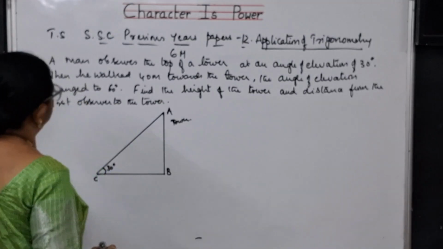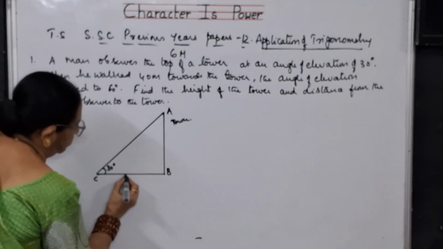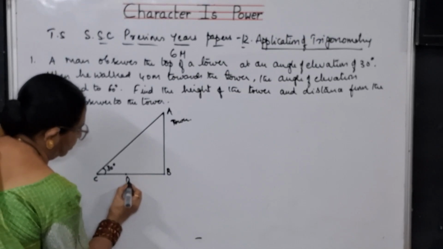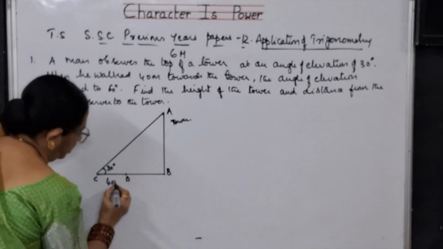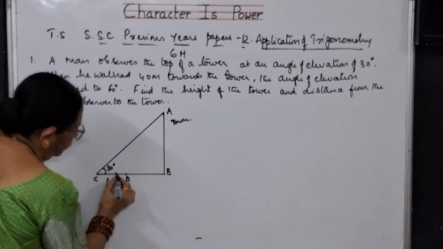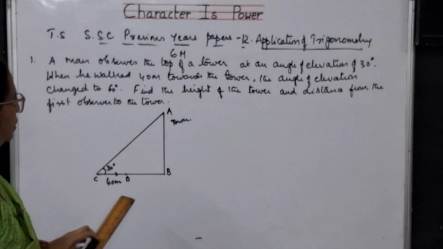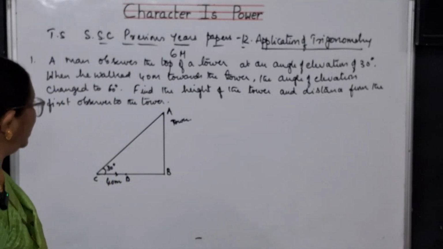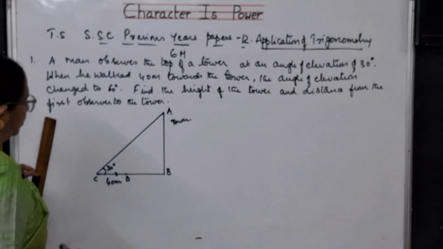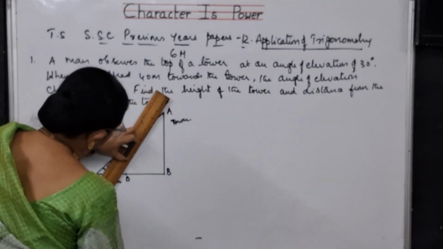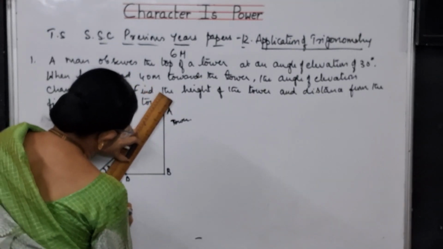Then he has walked 40 meters up to here. Let me call this D. 40 meters he has walked towards the tower. Then he found that the angle of elevation changed to 60 degrees.